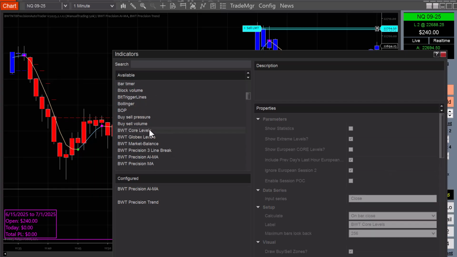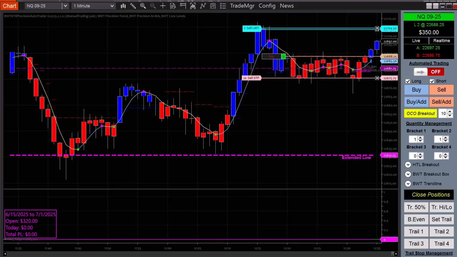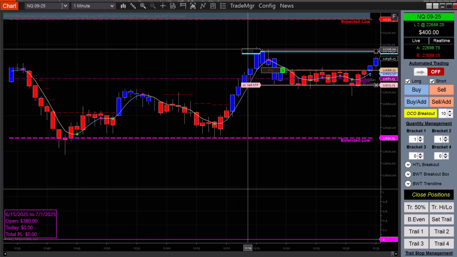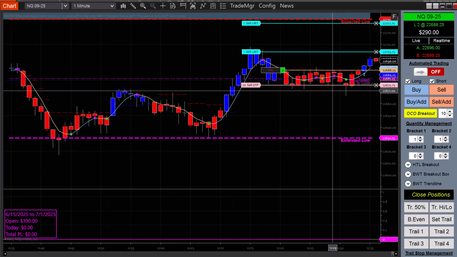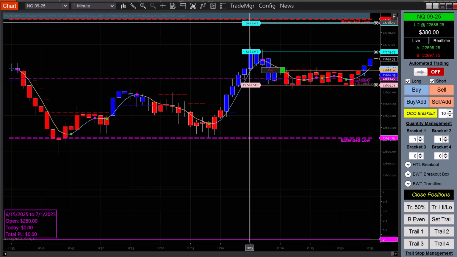The extended low actually is what I was looking for, and right here I'm putting in the core indicators so you can see where everything is. But anyway, here's the expected low, not the extended low. I'm looking for it to go to the expected low, but I settled for something just shy of that, actually.